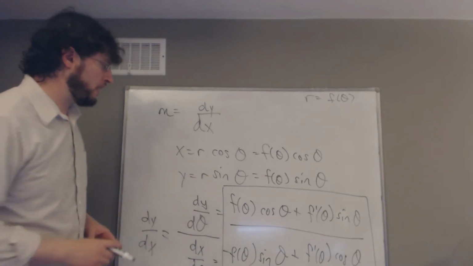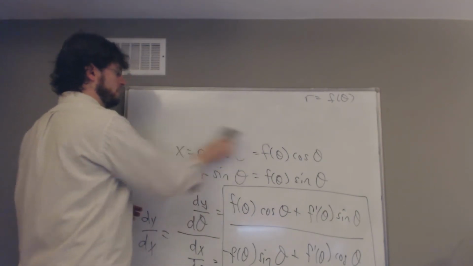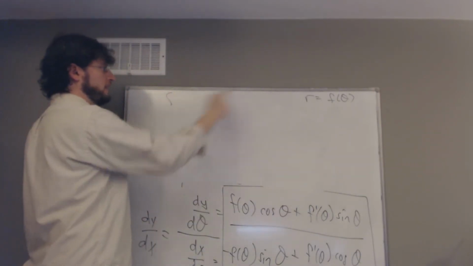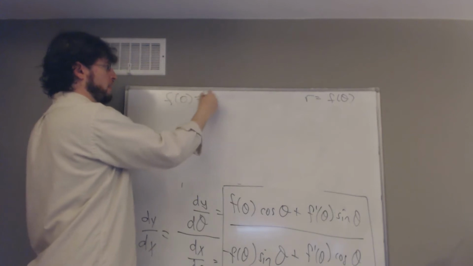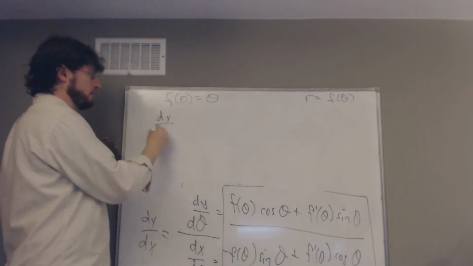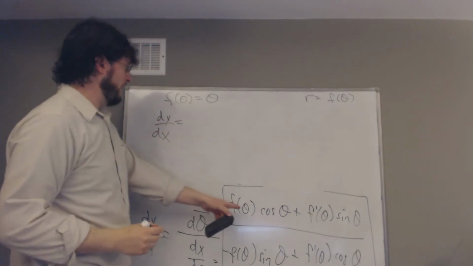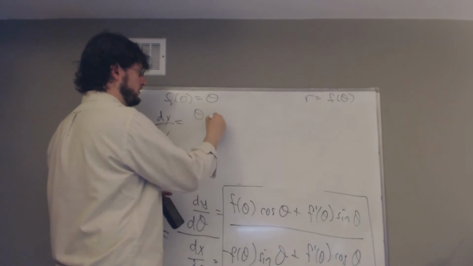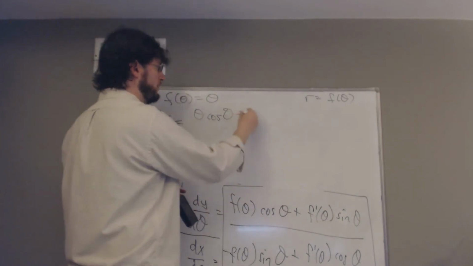And so let's go back and apply this formula to our specific situation that we started with. If f at theta was theta, then what do we need? dy dx is f at theta, which is theta, times cosine theta, plus f prime at theta.